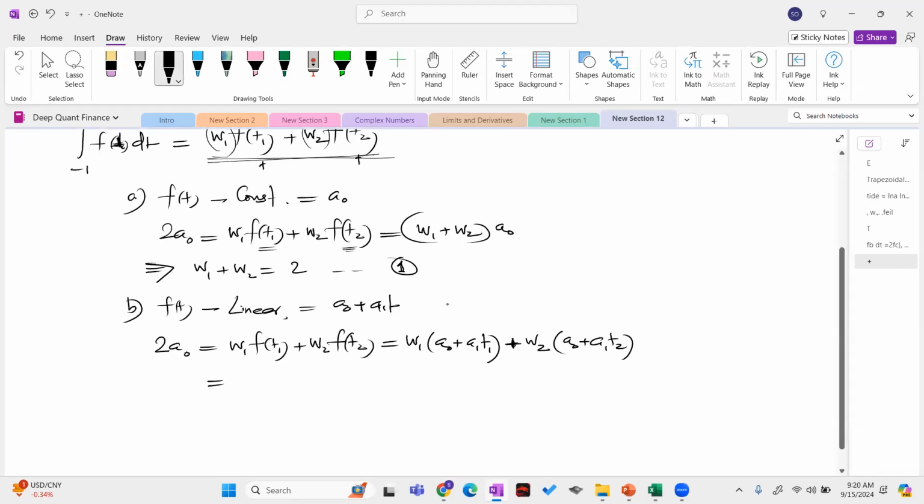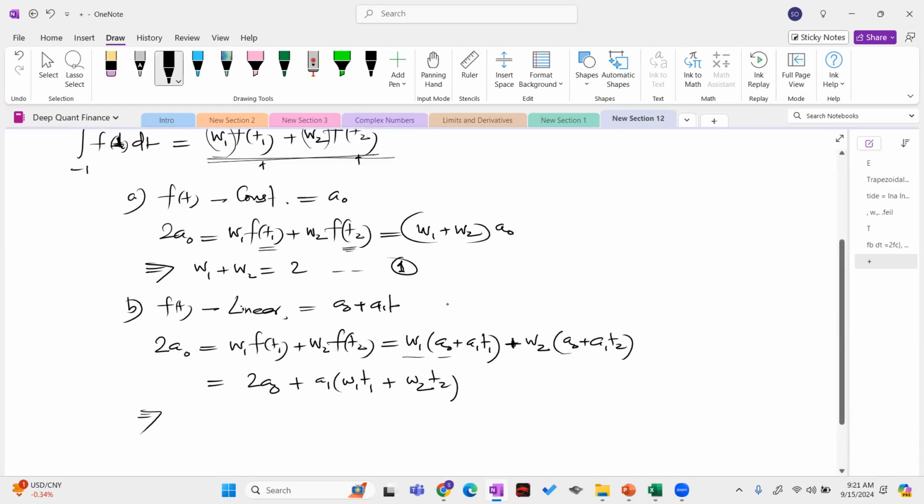And this is w1. So if you take a0 common, you get w1 plus w2. w1 plus w2 is 2, so this is 2a0, correct? Plus, take a1 common, you get w1 t1 plus w2 t2.